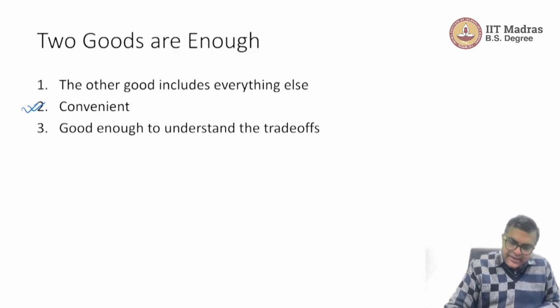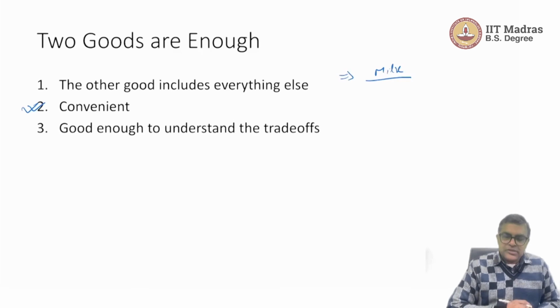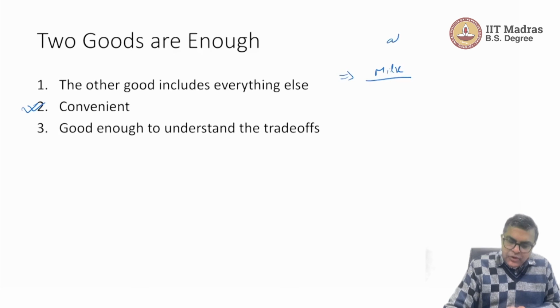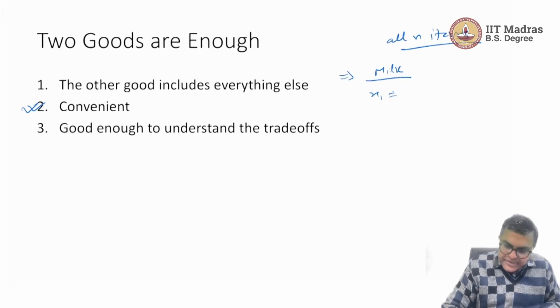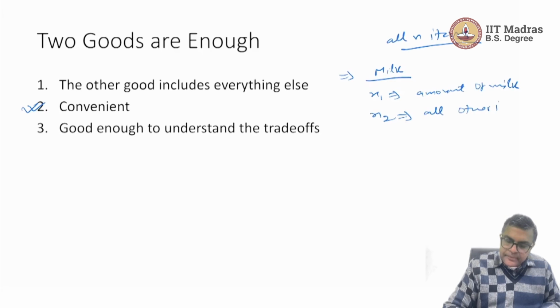Let us say right now you are going to purchase milk. Of course, you are not purchasing all n items together; you are purchasing perhaps one at a time. So, what you are interested in is that item and all other items. We can say x1 represents the amount of milk and x2 represents all other items.